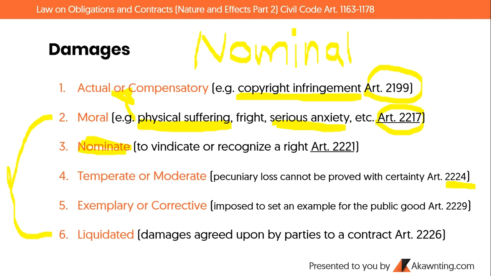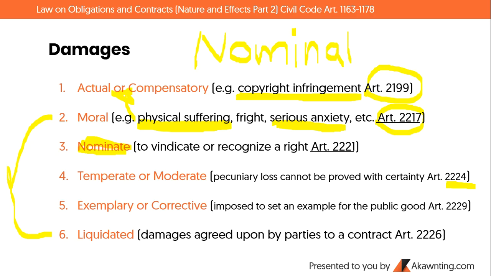For example, nagnakaw or nagpumatay or nang rape or whatsoever. So, usually, may tinatawag tayong exemplary or corrective damages in order para ginagrant siya para ang mangyari is hindi na gayahin ng iba. Okay? Parang ganoon. Okay? So, exemplary or corrective damages.